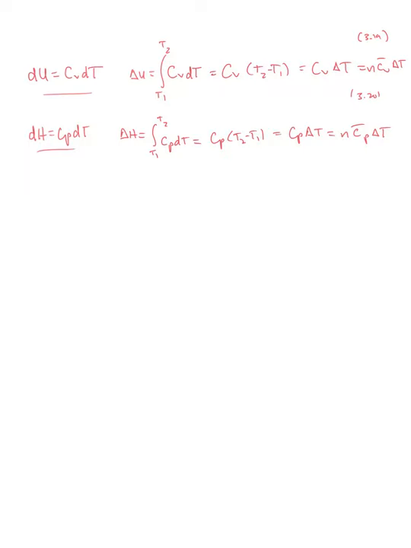So if you want to get a value of a delta U or a delta H for a real measurable quantity in lab, you have to take the integral, then, of the heat capacity times dT. Now, what I've written here is the derivation for when you can assume that the heat capacities are constant over the range that you're interested in. Constant over the T1 to T2 range.